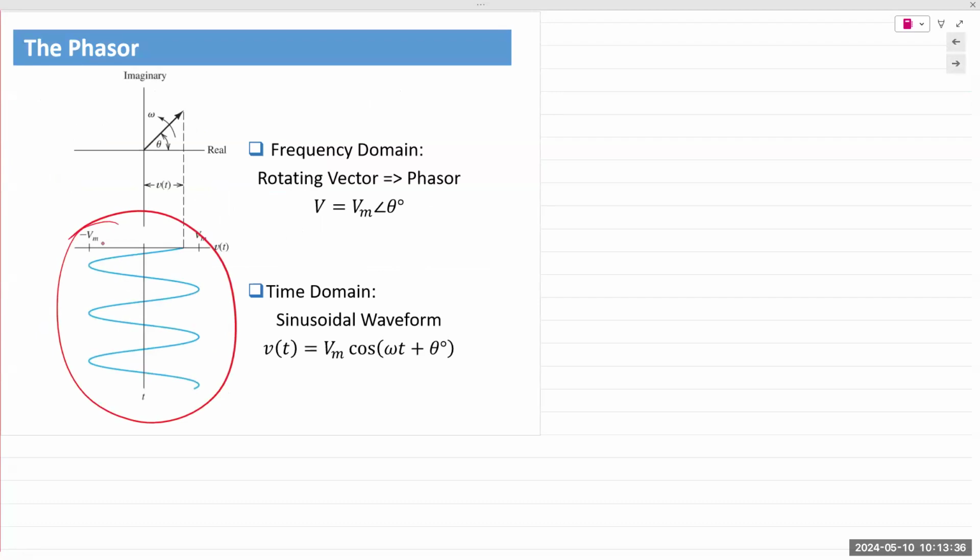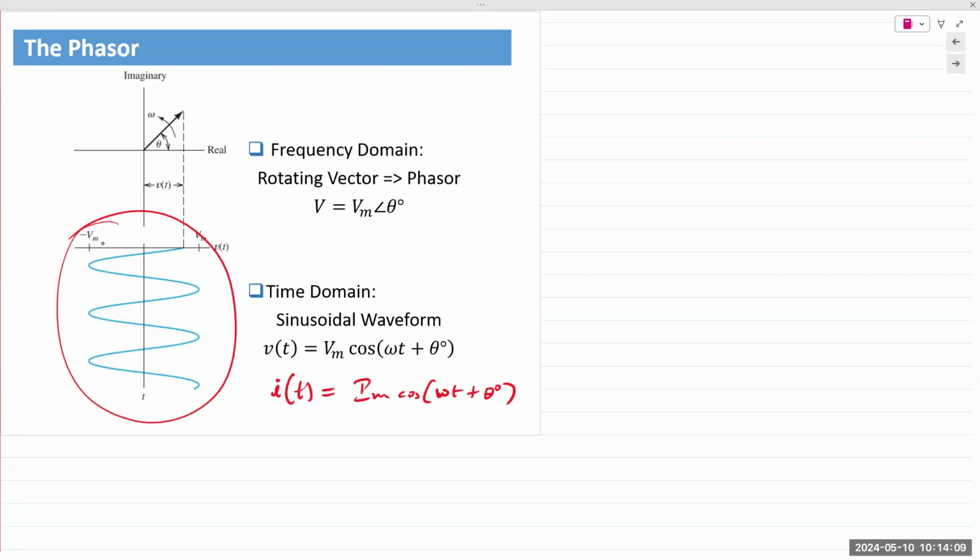And we looked at the standard expression, Vm cos of omega t plus theta. If it's i of t, it has the same structure. i of t is Im cos omega t plus theta. Theta can be positive or negative. Depends on the perspective, okay? It's like saying you are either ahead of somebody or behind somebody. But the same situation can be applied depending on how you are viewing things, right?